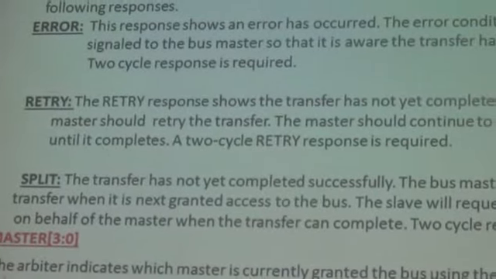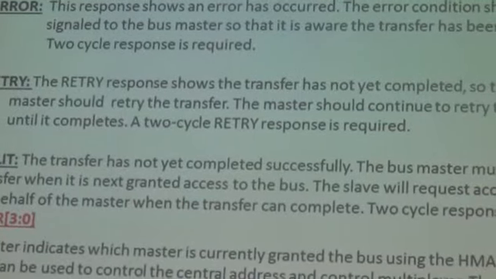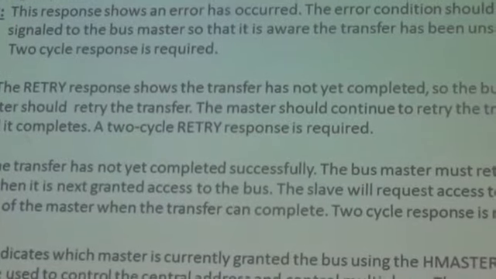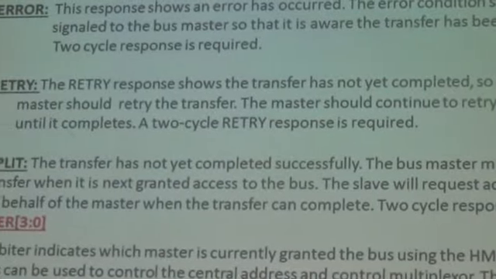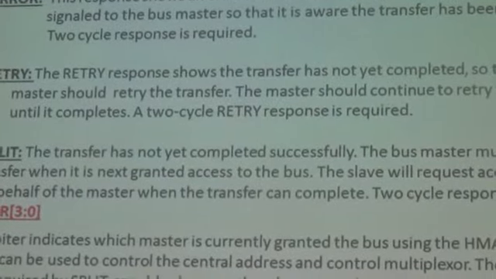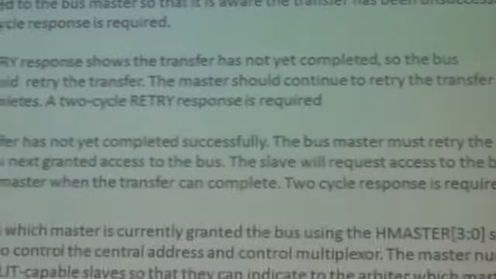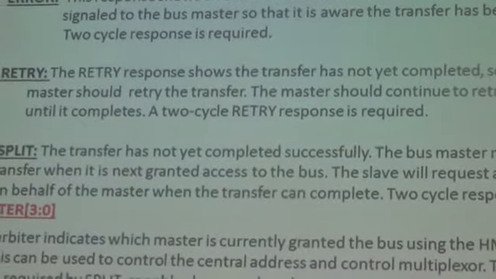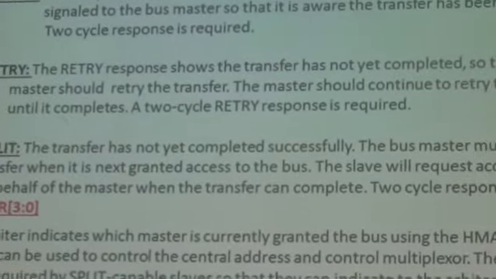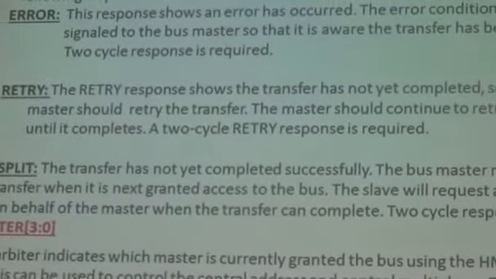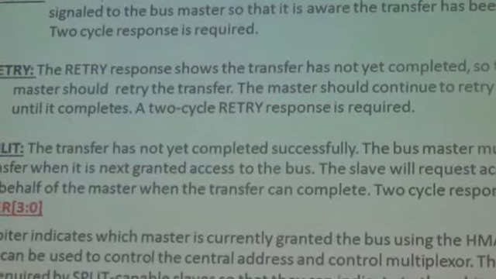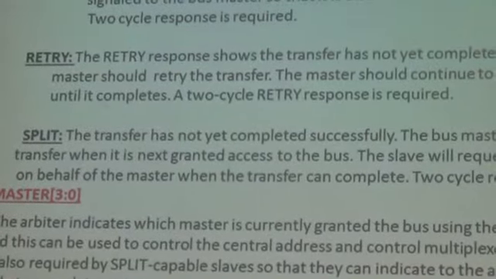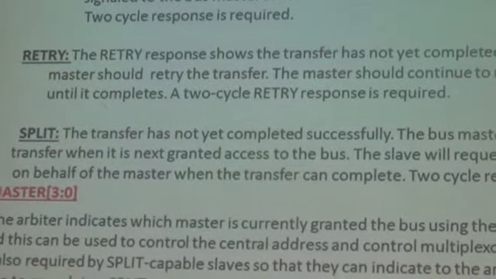That means if a slave says that the transfer of the master has not yet completed, then the bus access is given to the other master, but the master which got the retry response should always continue to request the bus. It can request the bus until the transfer has completed. And retry also happens in the 2 cycles.